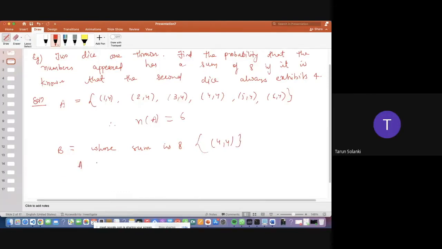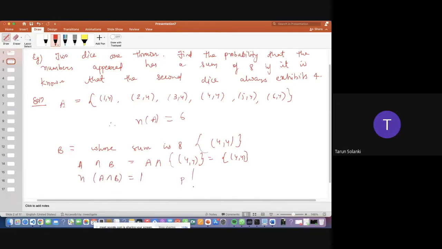So A intersection B is 4 comma 4. So n of A intersection B is always 1. Correct?